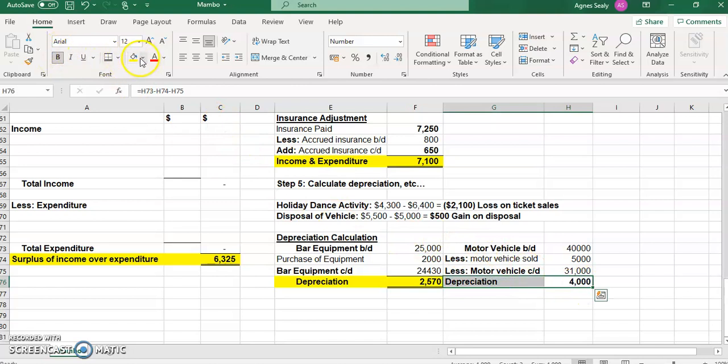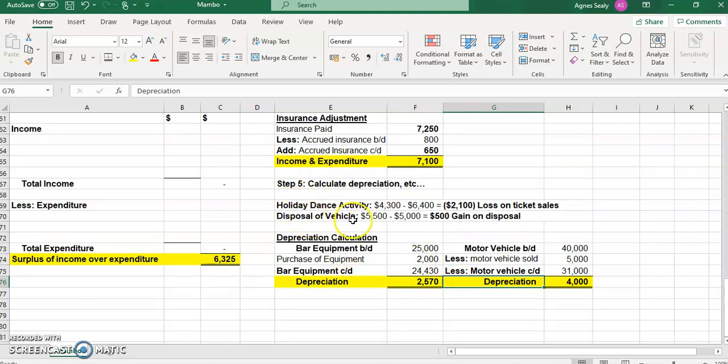That $4,000 will go into our income and expenditure account as depreciation for our motor vehicles, whereas the depreciation for our bar equipment will go into our bar trading profit and loss.